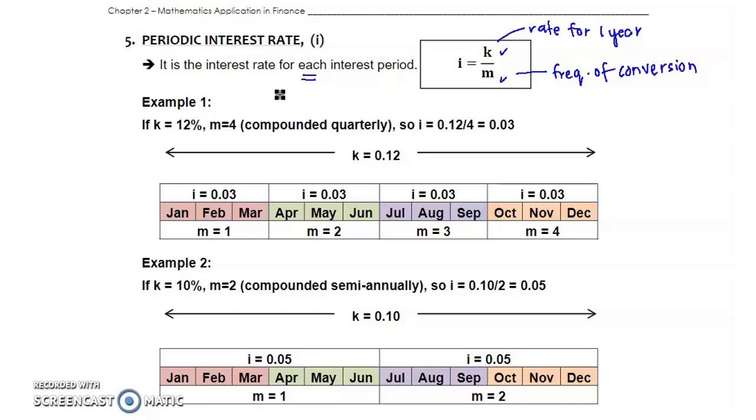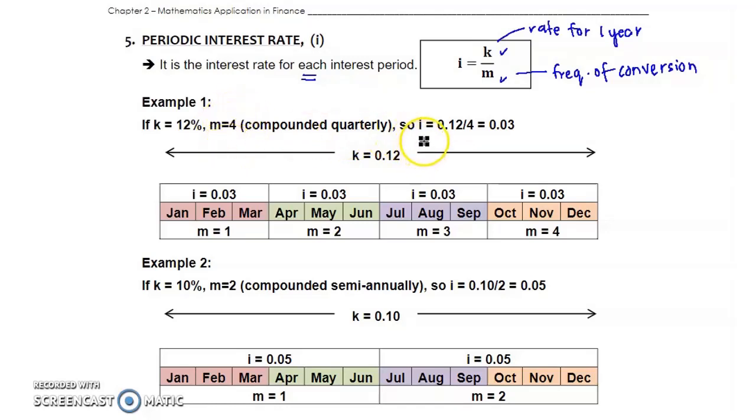Okay, example, look at example 1 here. Given K equals 12%, so K just now is the nominal rate, which is the rate for 1 year. M is the frequency of conversion. If let's say the interest is being compounded quarterly, so M equals 4. In 1 year, we calculate interest 4 times.